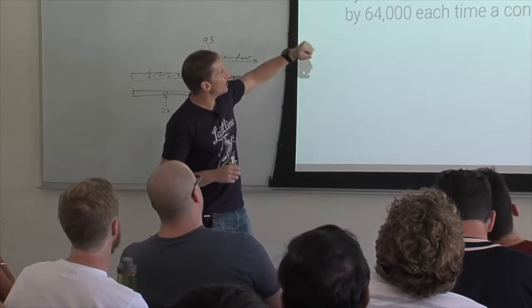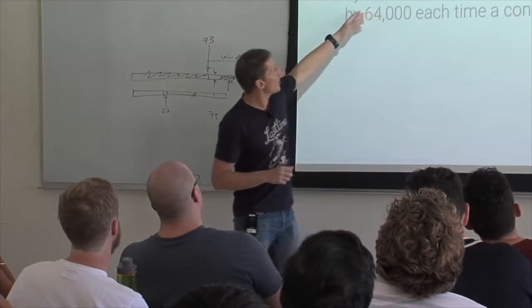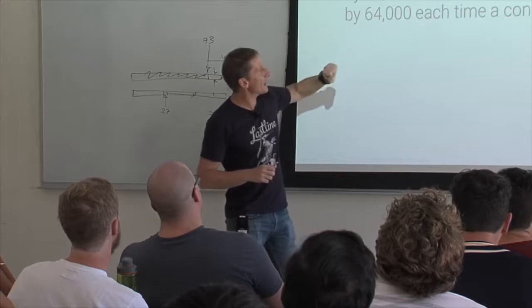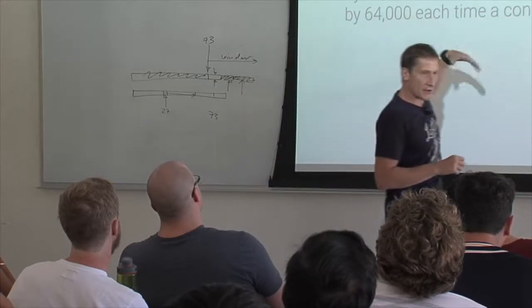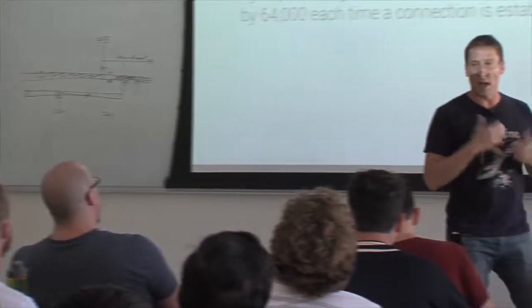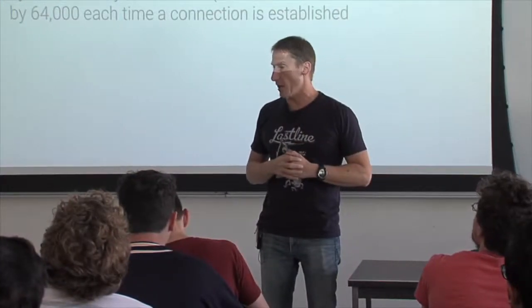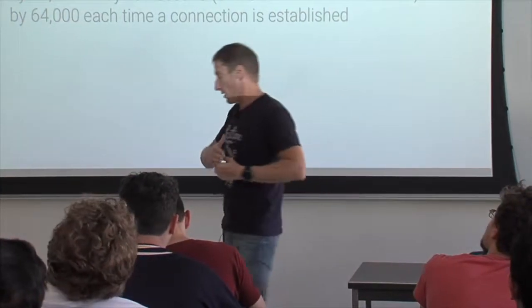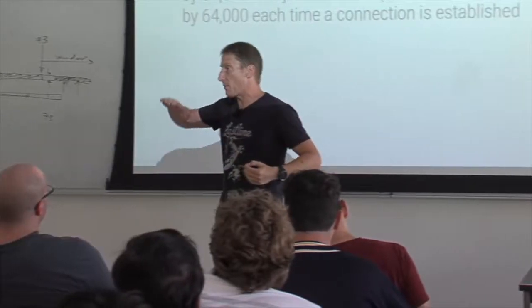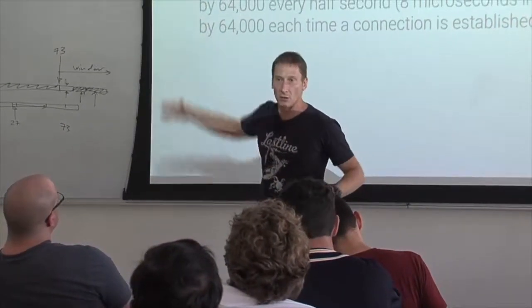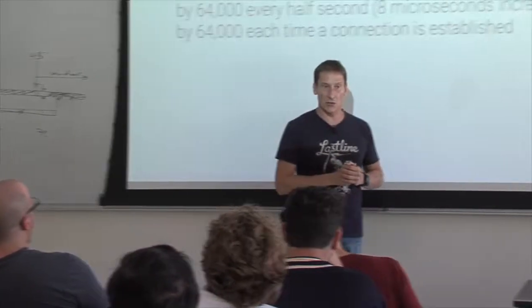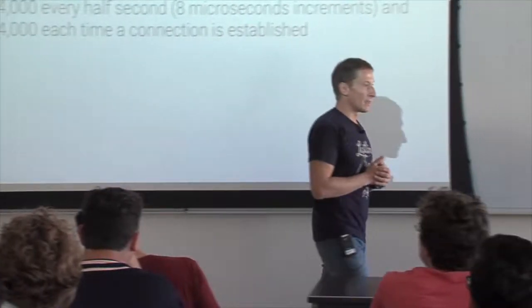BSD Unix initially used something that incremented by 64,000 every half second, and then another 64,000 every time a connection was established. So it was a monotonically increasing number that would have bumps at specific connection establishments, right?